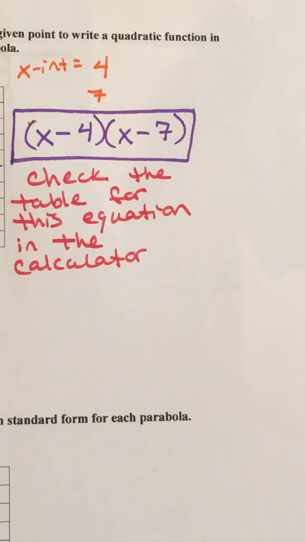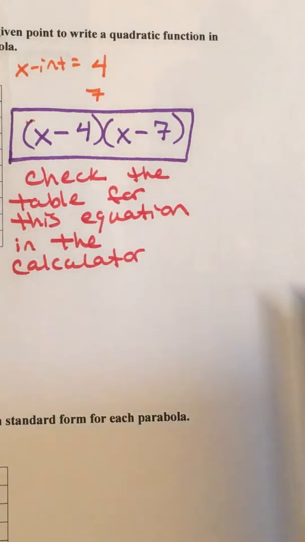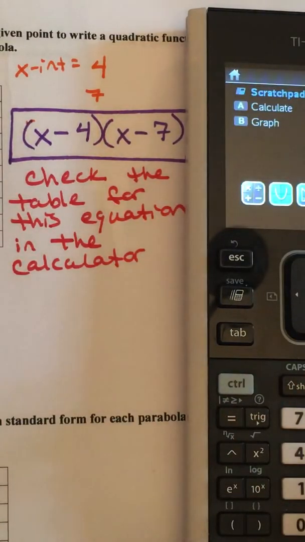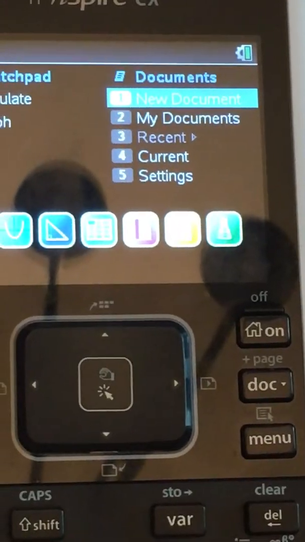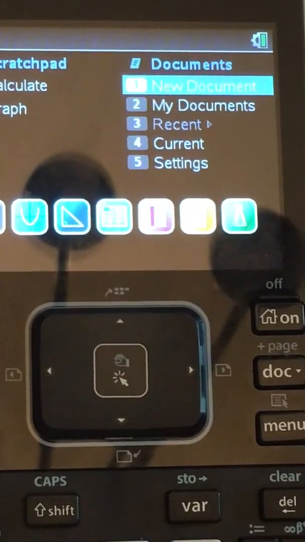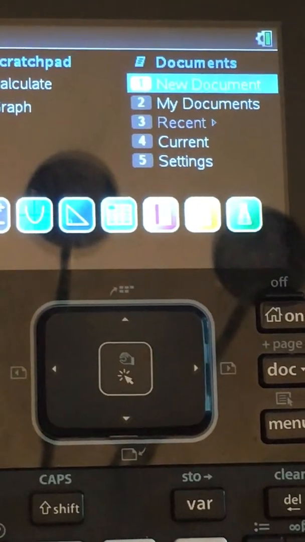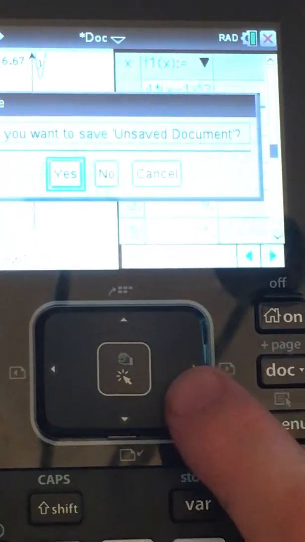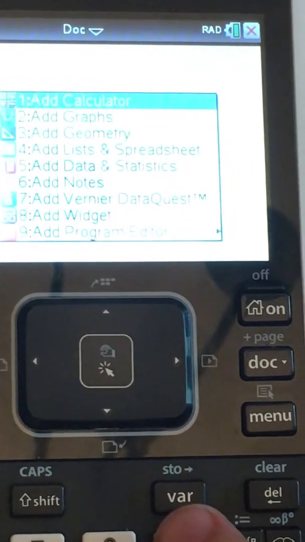Let's go see what I mean. So, new document. Not going to save. I need a graph.